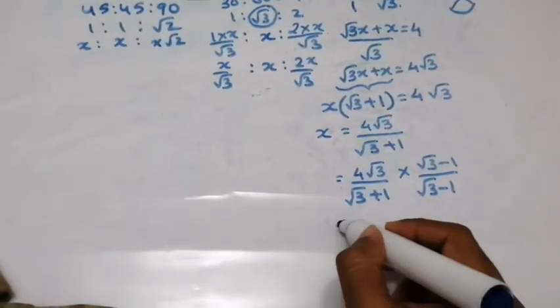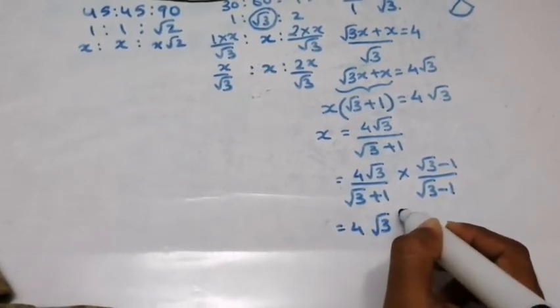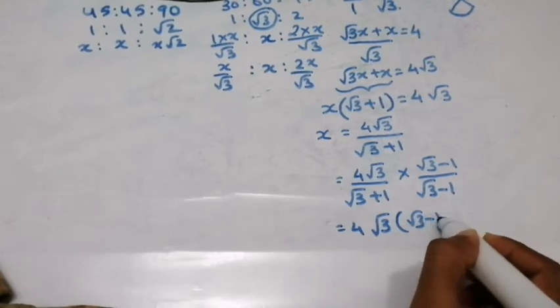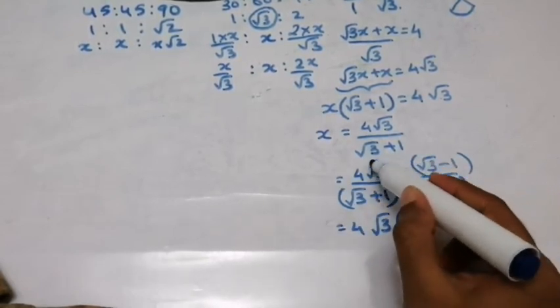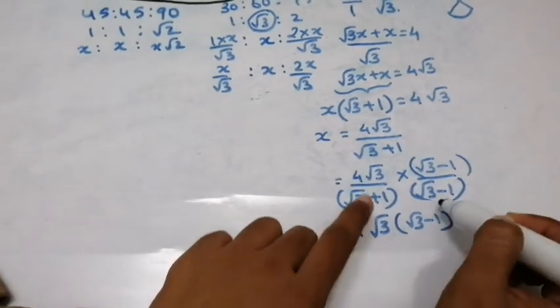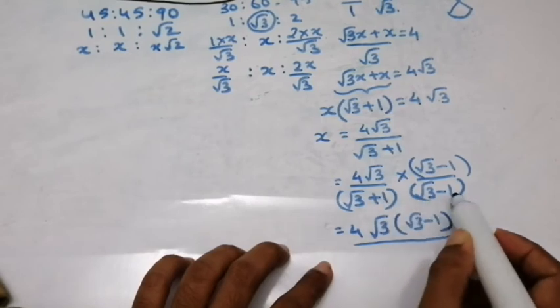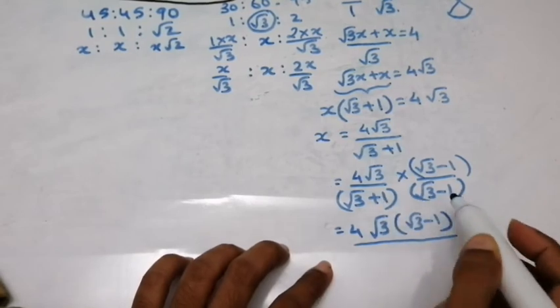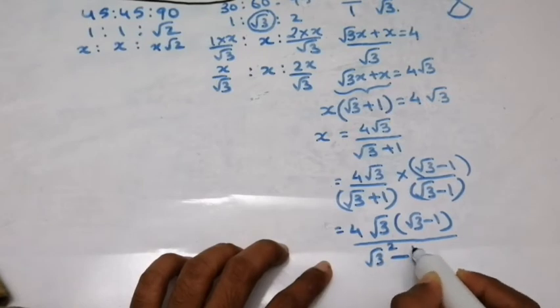You will get 4 root 3 into root 3 minus 1. See these things. And this one is a plus b into a minus b, that is a square minus b square.